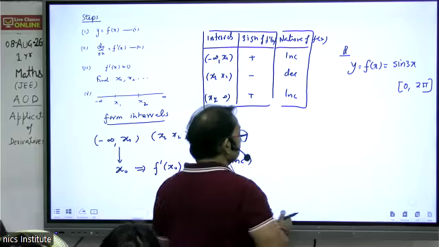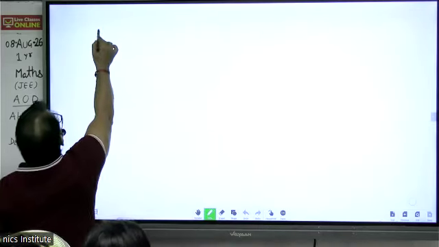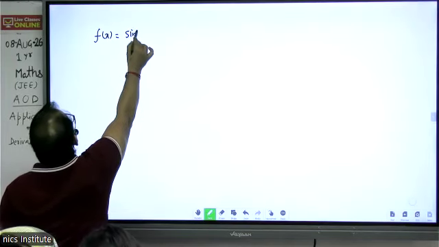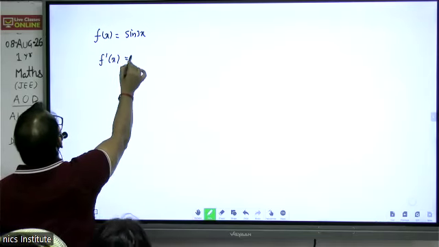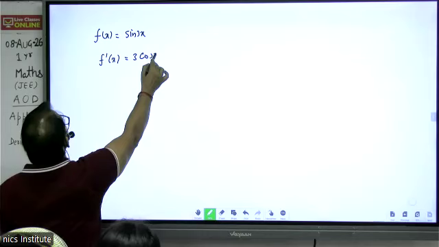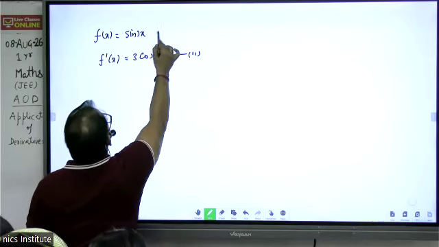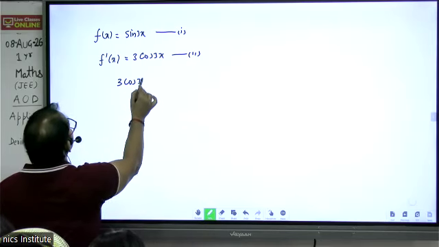See, the function is f equal to sin 3x. Differentiate this. F dash x is equal to 3 cos 3x. Second step would be that we equate this to 0.